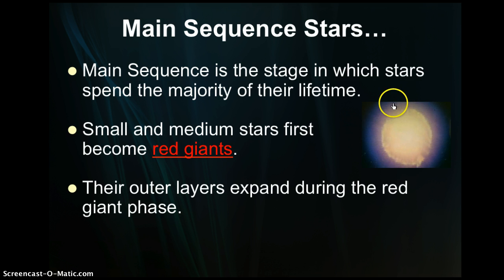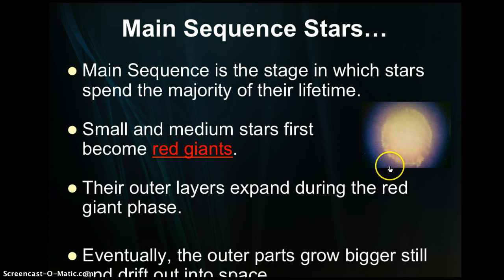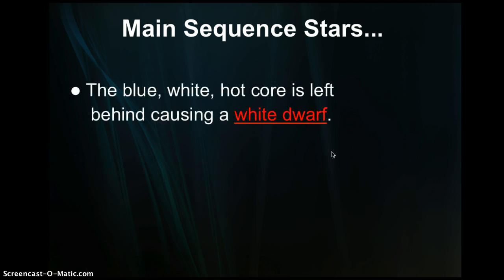So this star that is running out of fuel, these outer layers start to expand, and over time they sort of just drift off into space. What's left behind is this blue-white hot core called a white dwarf.